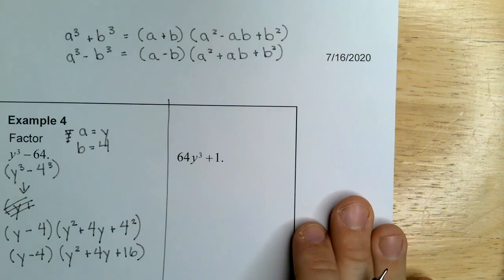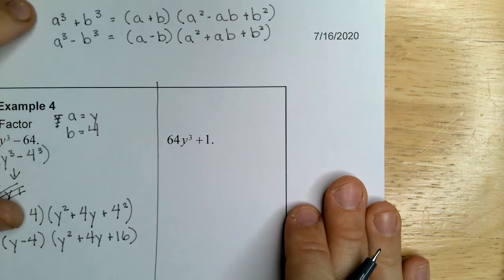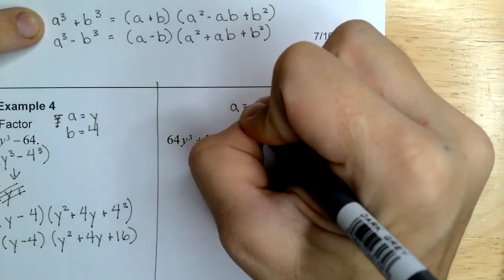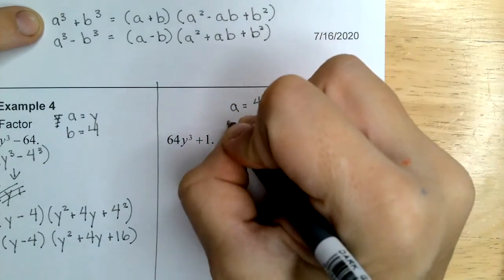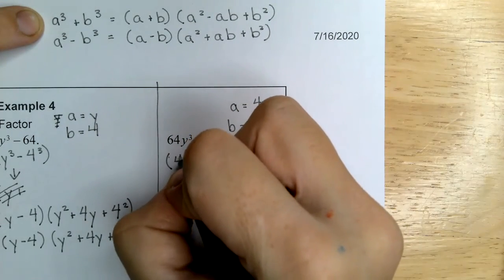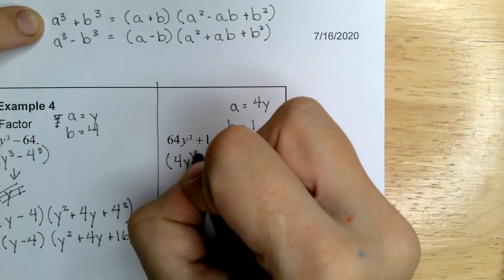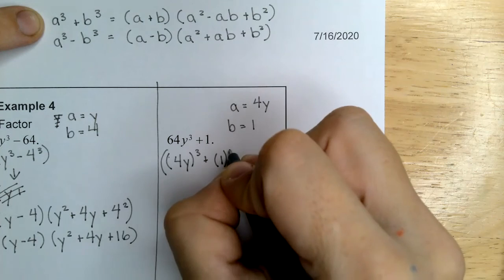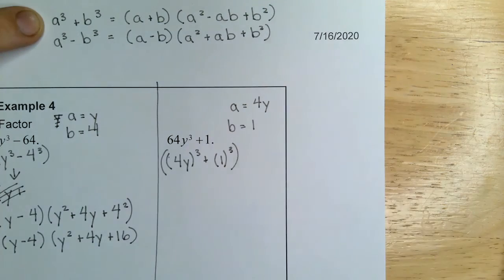64y to the third plus 1. So it will be this if it's anything. A is 4y, b is 1, right? So we have 4y cubed plus 1 cubed.